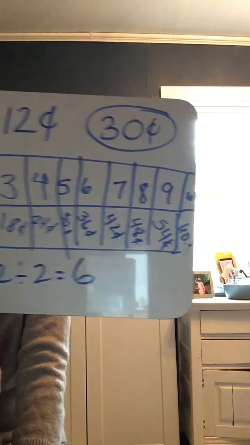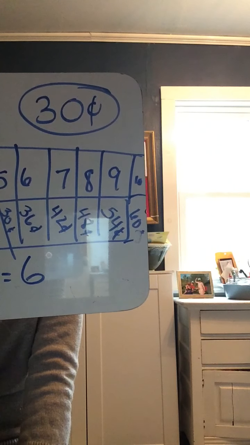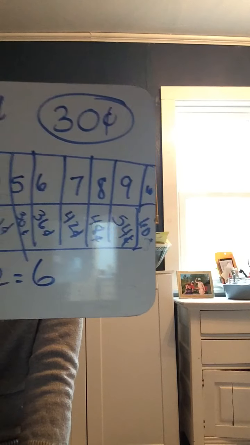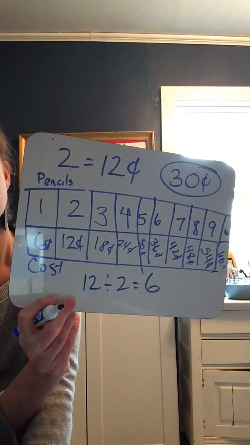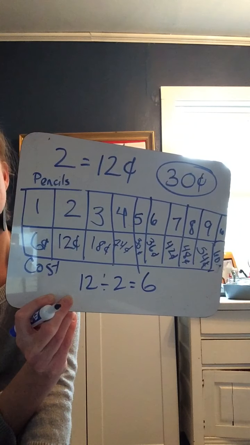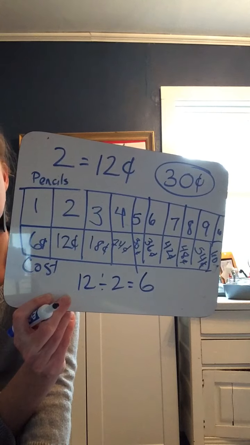And our answer for the number sentence to show that would be the 5 times 12. Okay, make sure you have that all written down, and pause it if you don't, because I'm going to go on to number 2.